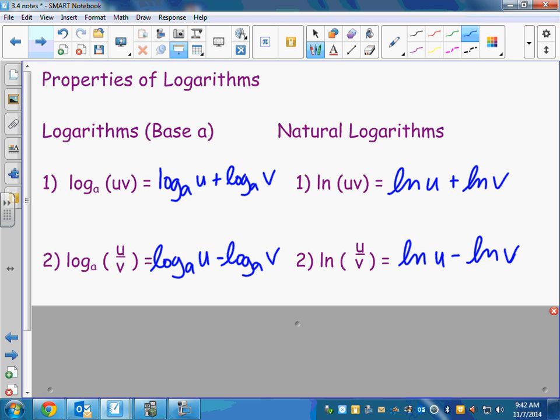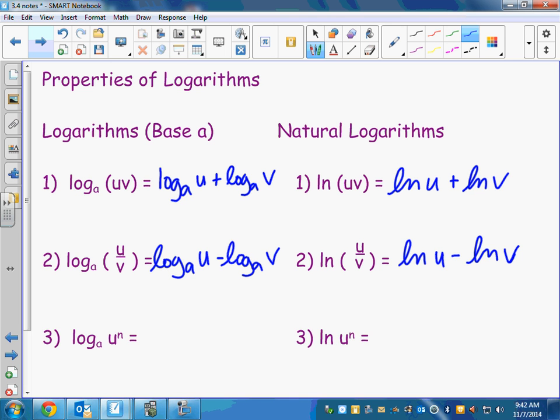And the last property I think is probably the one that we use the most when we're solving equations, and we kind of talked about the other day with our properties for the inverses, but it has to do with exponents. And remember, when you take an exponent to an exponent, you multiply.